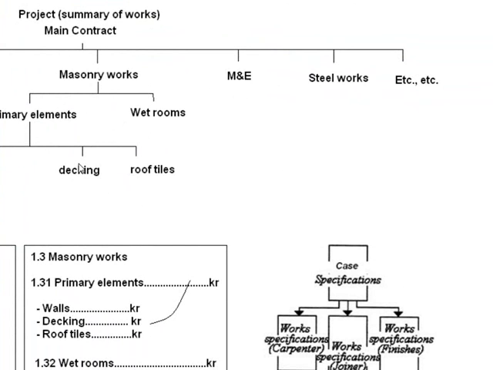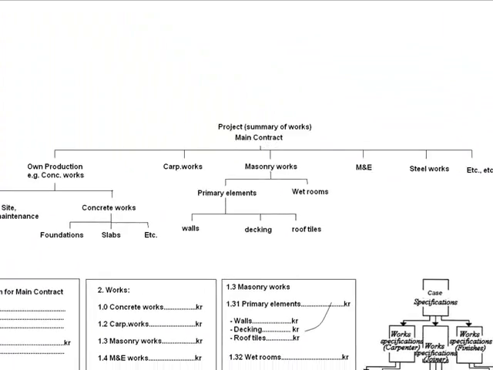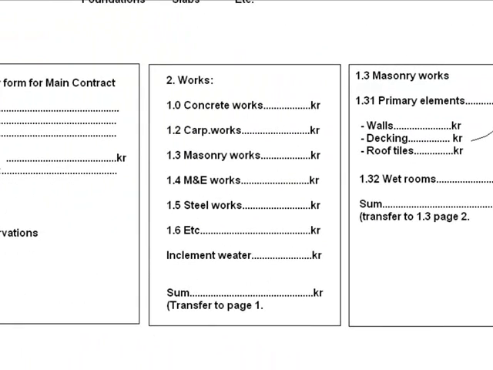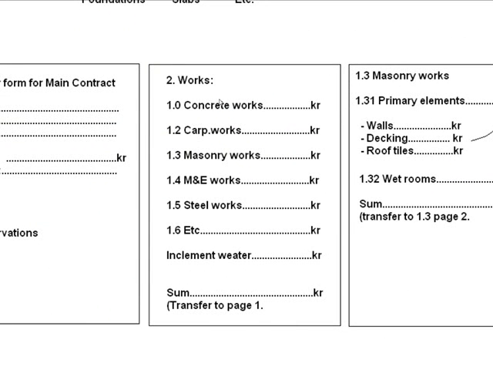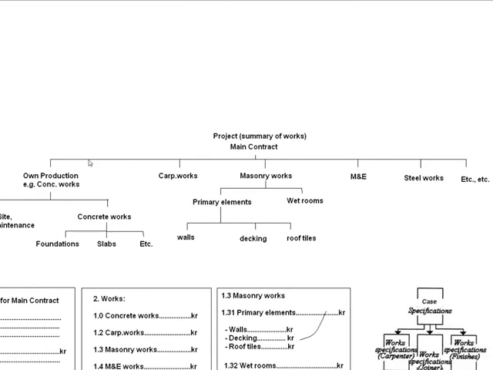So if we look at the main contractor's tender forms, you can see we have the total main contract, which is the same as the top tier of the work breakdown structure, and this is followed by all the subcontracts, including the main contractor's own works, which is listed up here, and you can see it here on the second tier.